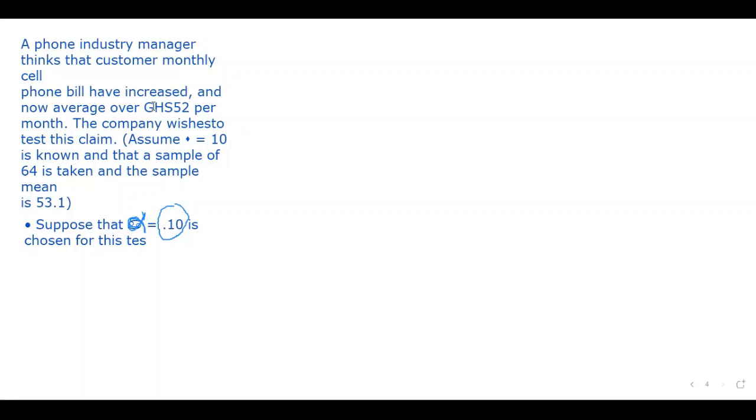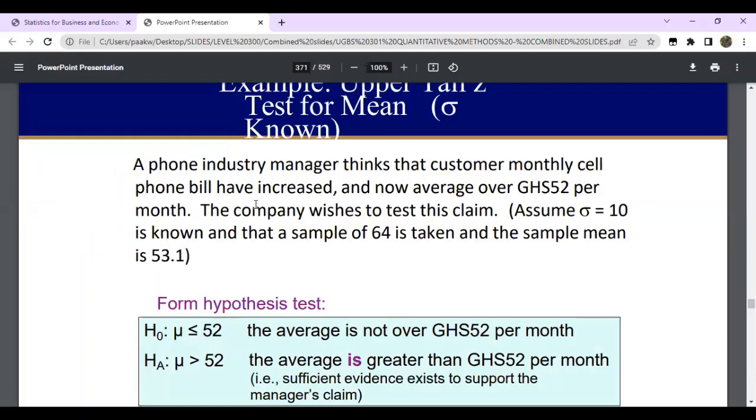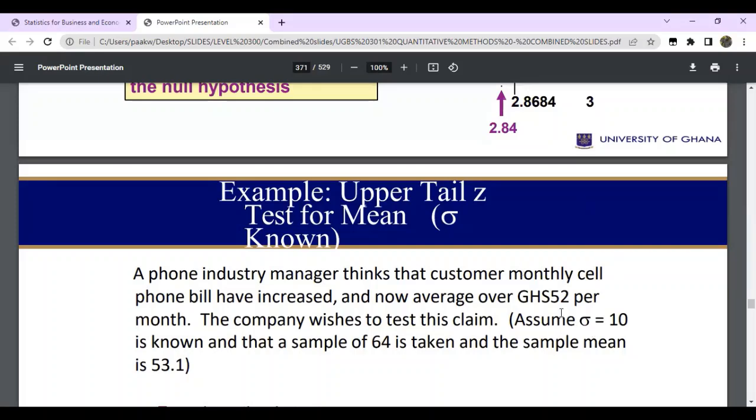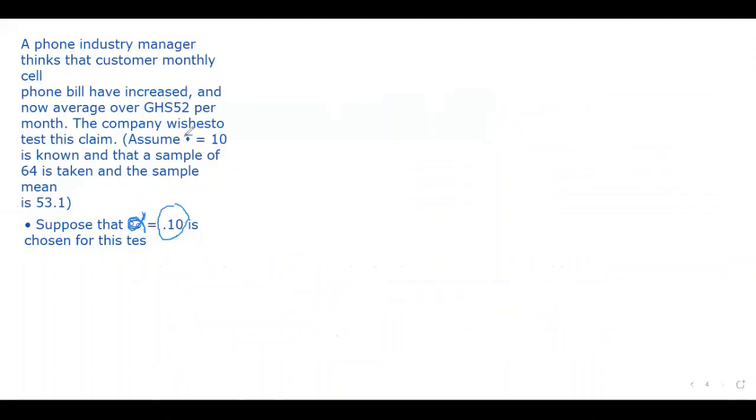Assume sigma is 10, the standard deviation, is known, and that a sample of size 64 is taken. And the sample mean is 53.1. So now let's jot everything down.